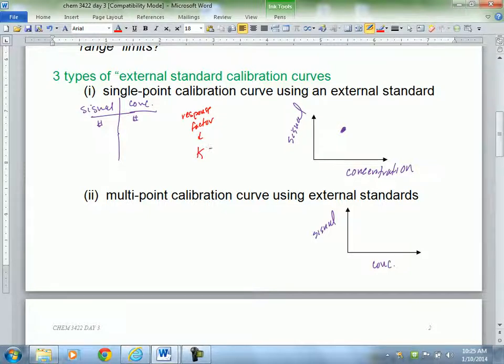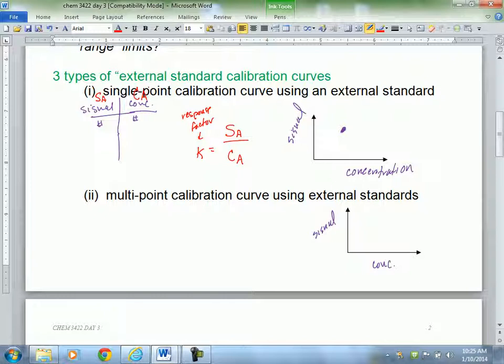And K is just your signal all over your concentration. And the book likes to have these little A's. I guess the A is for, what do you call the compound that you're looking for all the time? Analyte. So the signal of the analyte divided by the concentration of the analyte. So you calculate your response factor, K.